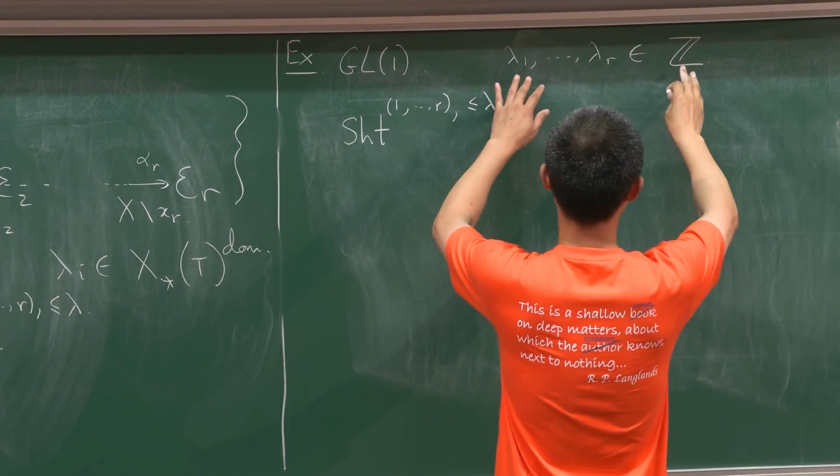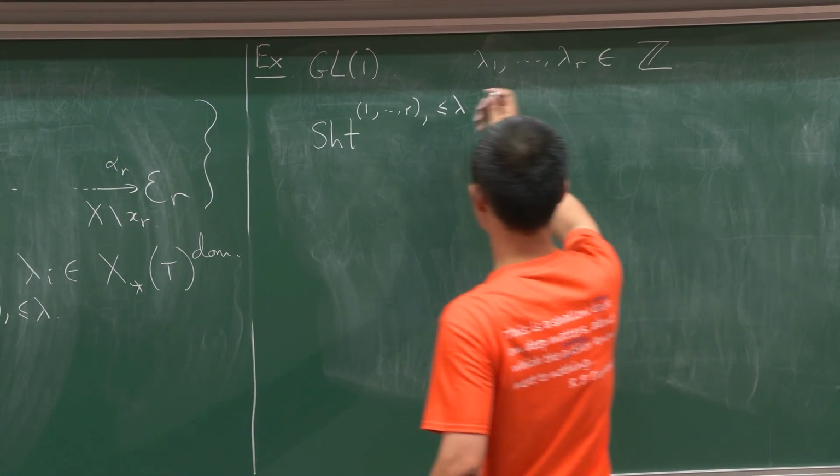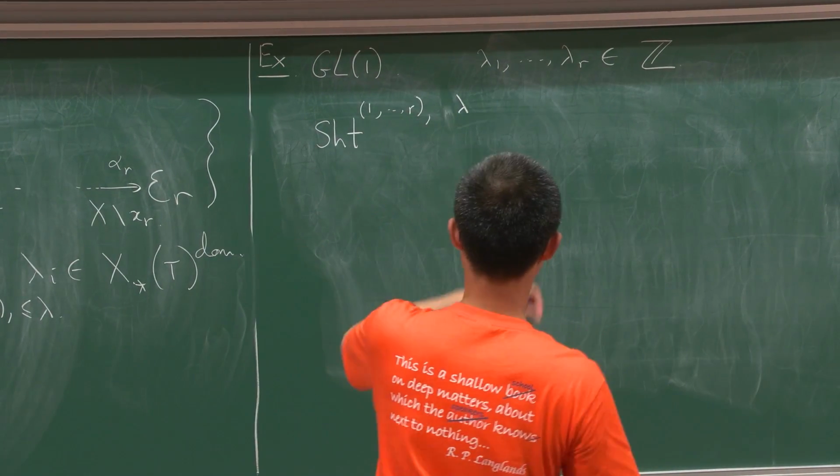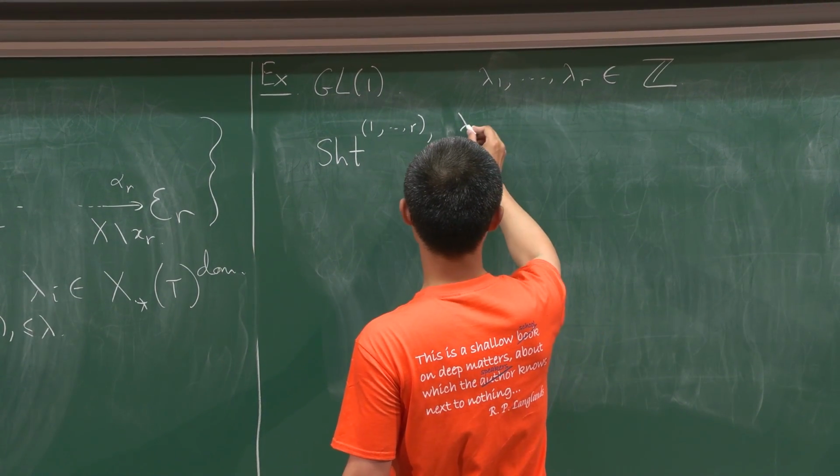Well, the partial order on this co-character lattice is trivial. There's no way to compare any two of them, so I just write lambda.